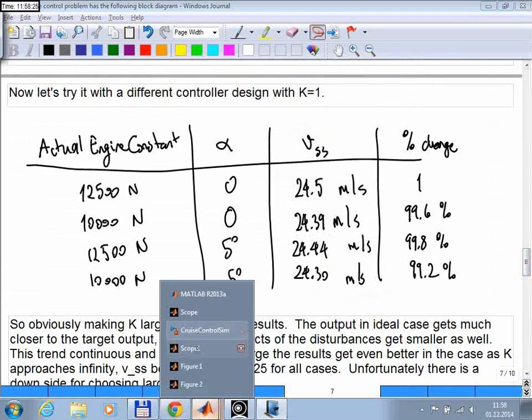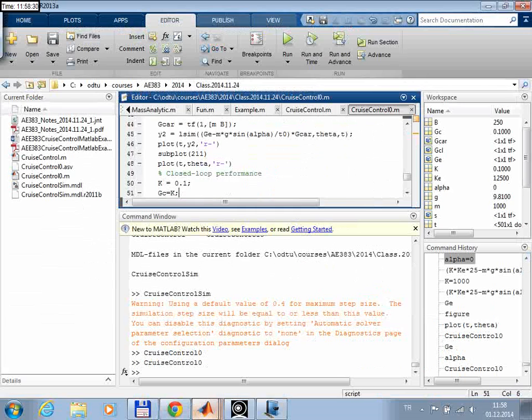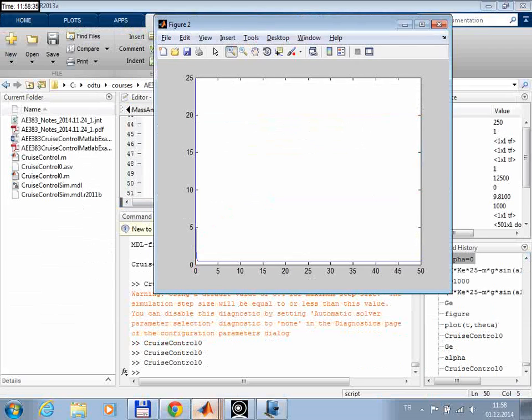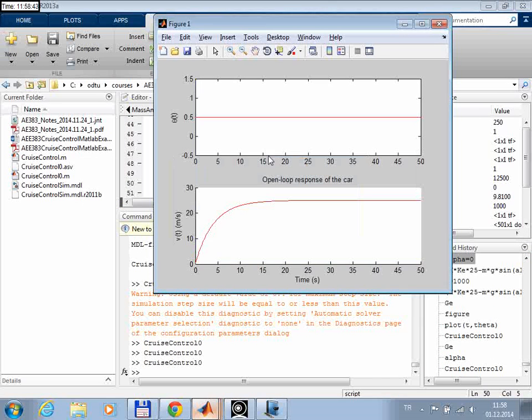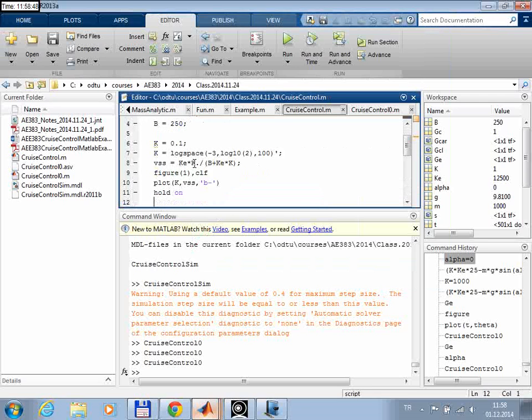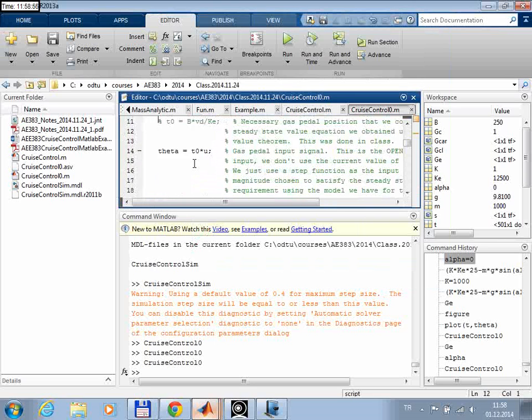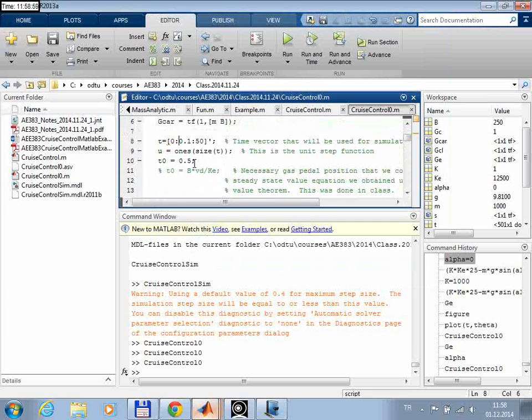But if I change the k number to 1 and run this code again, okay, this is what I get. 50 seconds is too long, so instead of simulating the system for 50 seconds, let me do it for just 5 seconds.